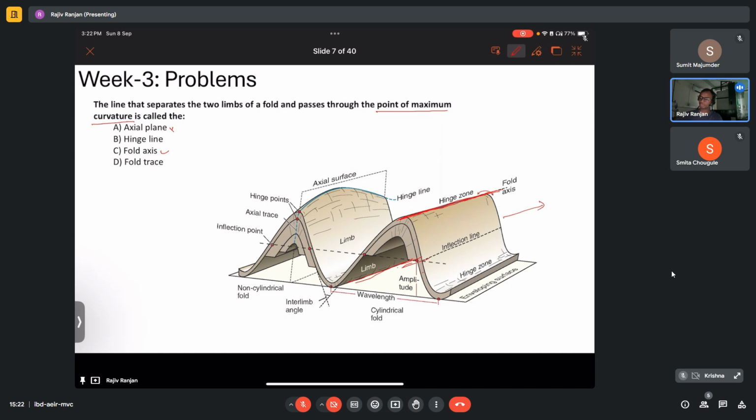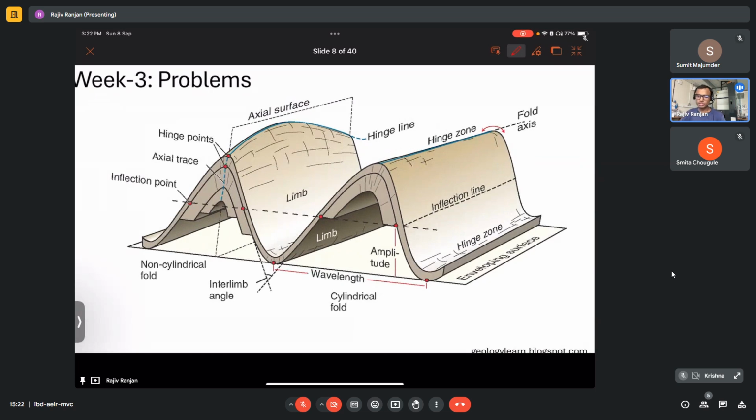So the fold axis is not something which divides these two limbs. Fold traces, no. It's a trace; it does not actually divide. So that is why option B is correct. The hinge line is what separates the two limbs of the fold. Okay.